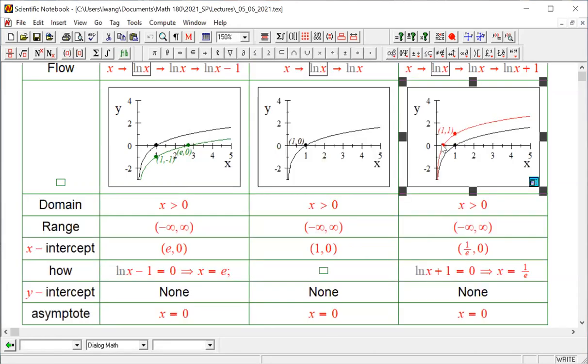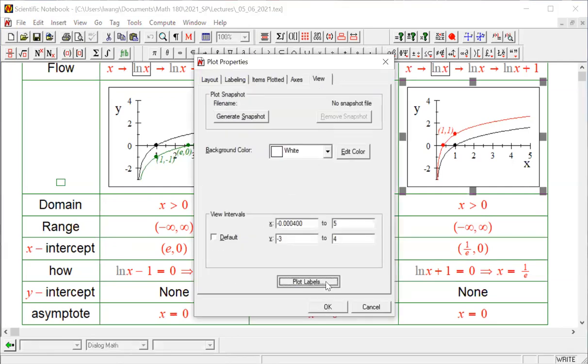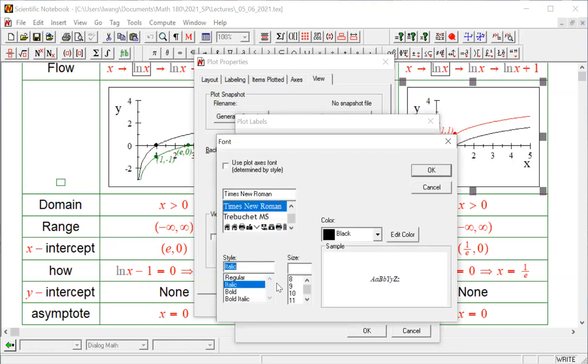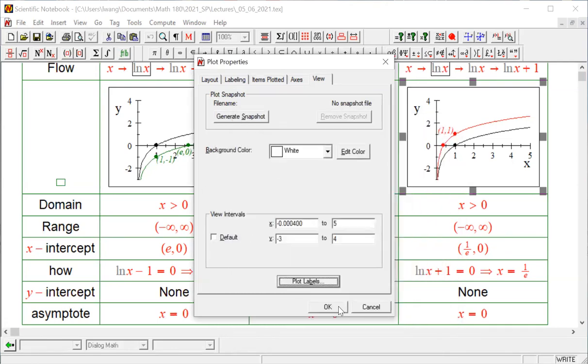That's the x-intercept. So let's mark that point. Are you doing the same? 1 over e comma 0. Okay, so let's see, where should I put it? Negative 0.5, and this is 0.5. I'm going to make it red. So these are the minor details that we need to attend to.